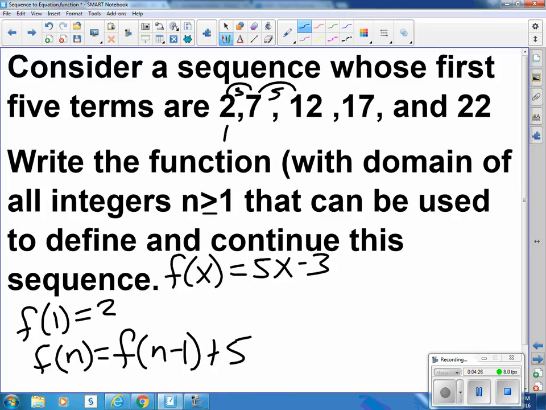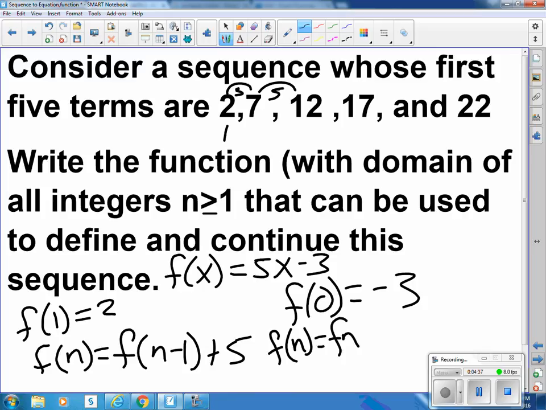Or I could write, if I write f of 0 equals negative 3, then this one stays the same. Oops, better give myself a little more room there. F of n minus 1 is still plus 5.